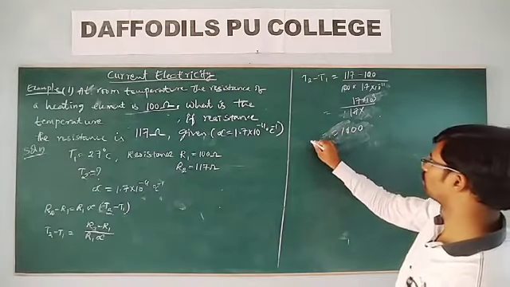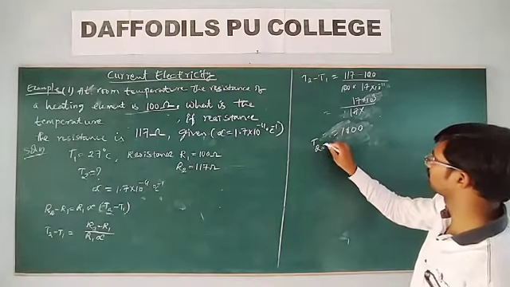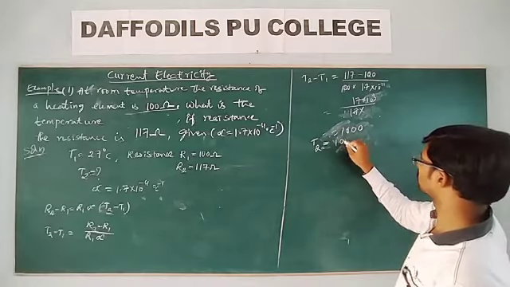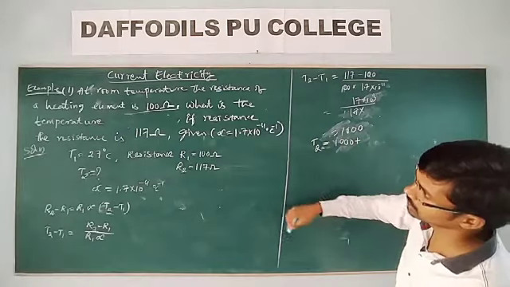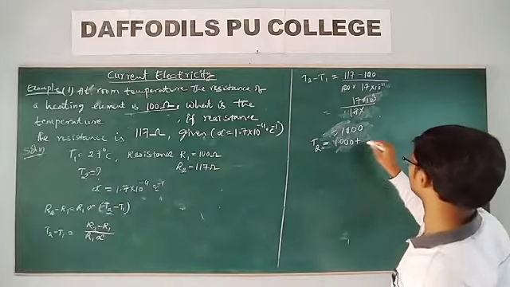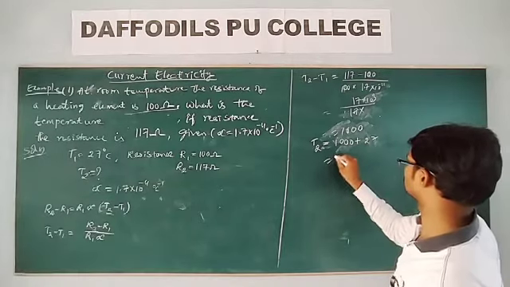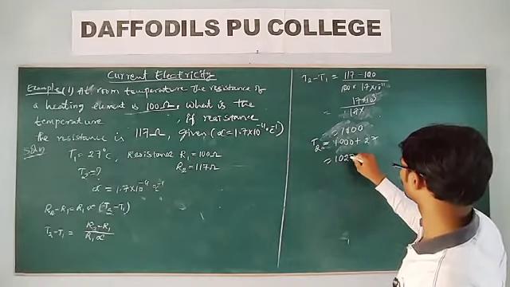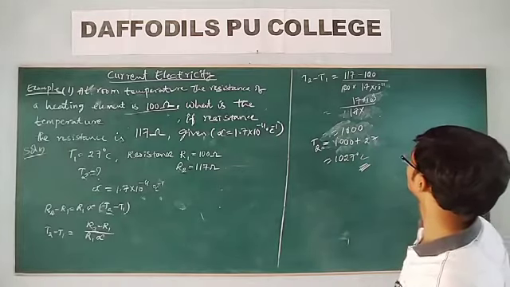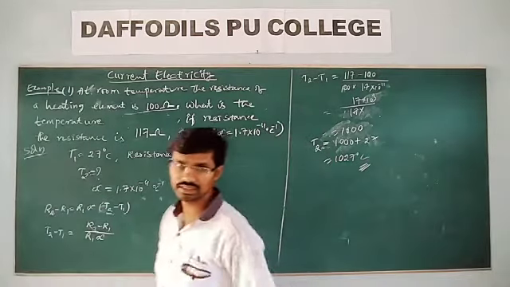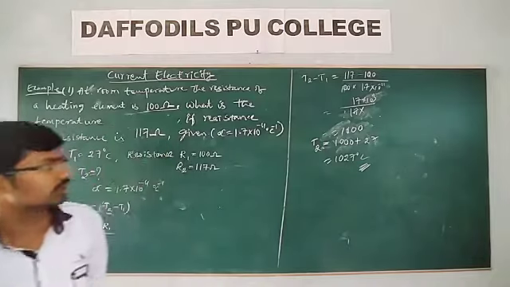T2 minus T1 is 1000, so T2 is 1000 plus T1. T1 is 27 degrees Celsius, so that is equal to 1027 degrees Celsius, the temperature at that particular resistance.